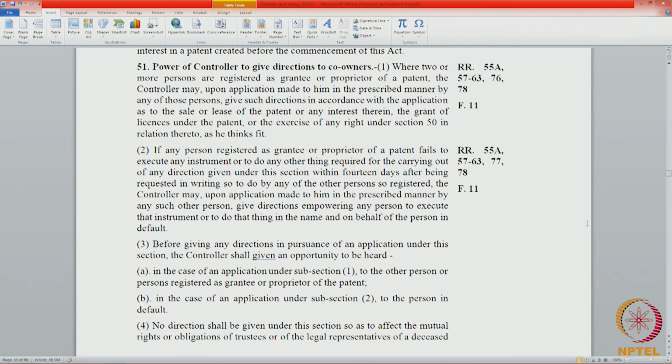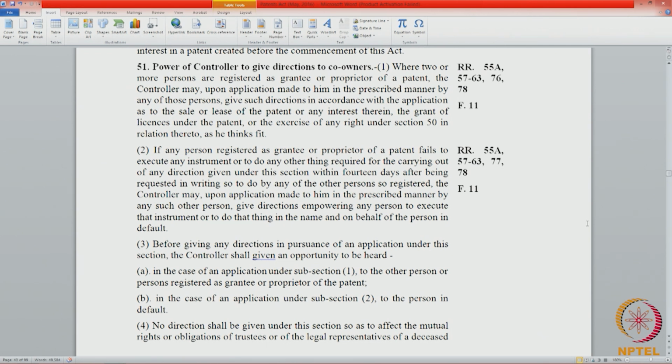Now, there could be many instances where one of the co-owners may approach the controller. For instance, of the 3 co-owners, the example which we were discussing before, A, B and C, A wants to license his patent to a third party.